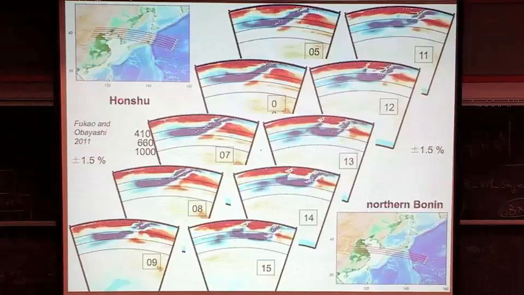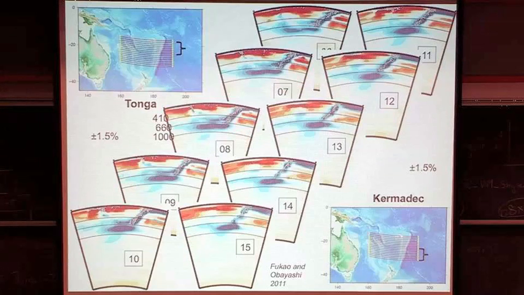It agrees with the tomographic models that I will be discussing a little bit later, which are based on including many more types of data than just travel times. And then as Adam showed on Tuesday, this is in Tonga Kermadec, where it seems that the slab is actually penetrating below the 660 kilometer and ponding at some deeper depth.